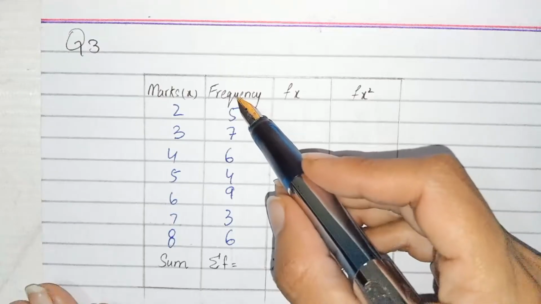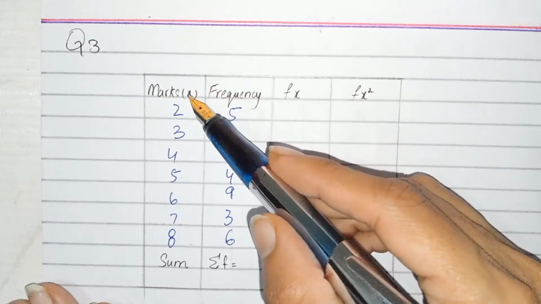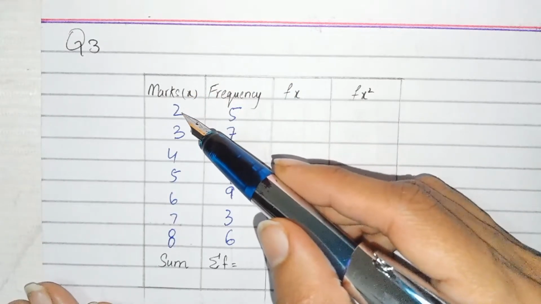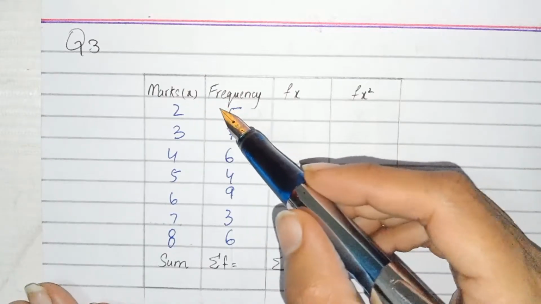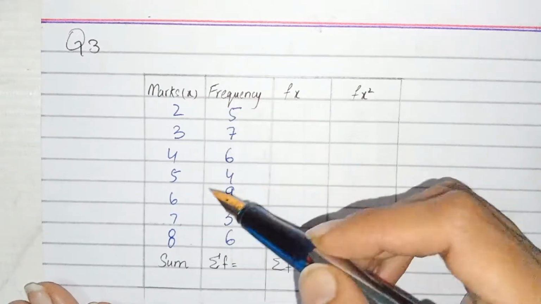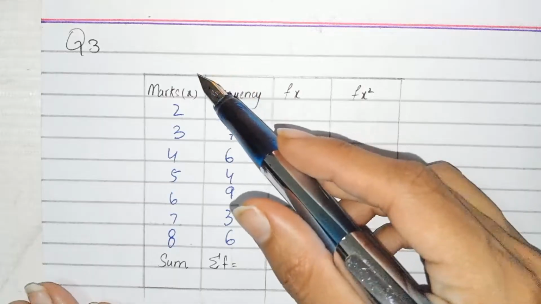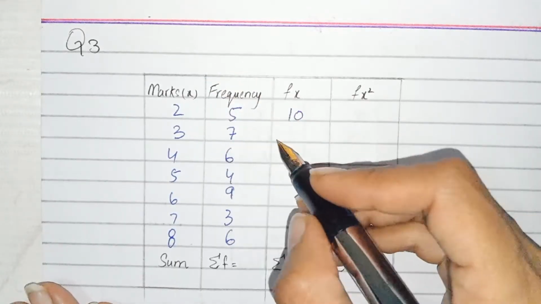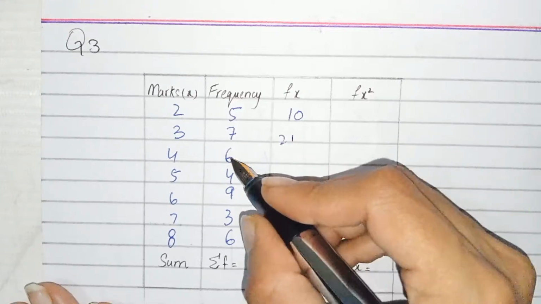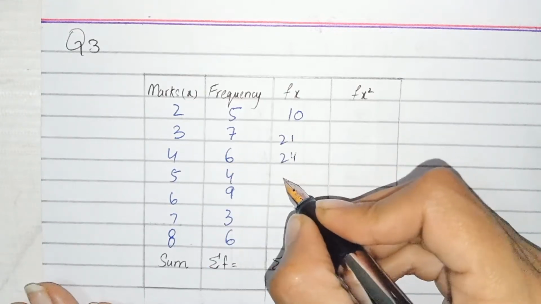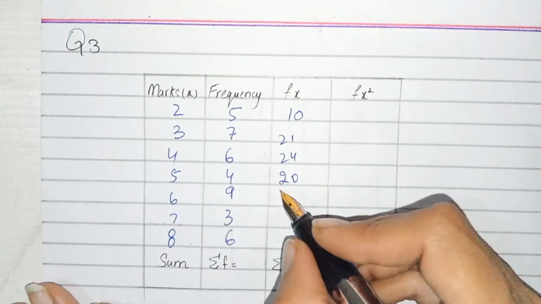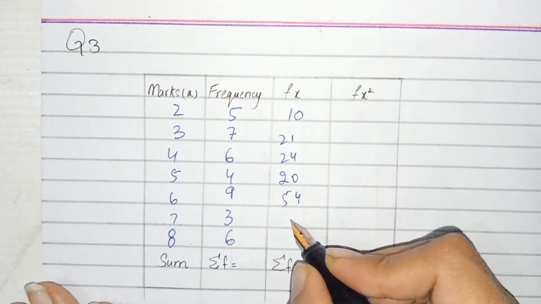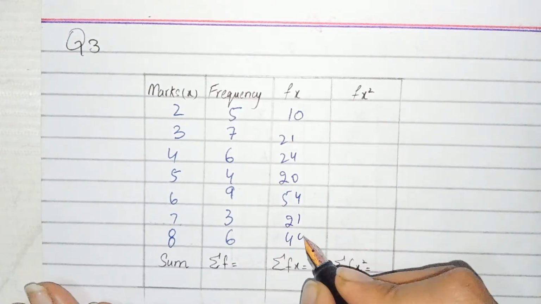It means we multiply the frequency with x, the data given to us. The fx values are 10, 21, 24, 20, 54, 21, and 48.